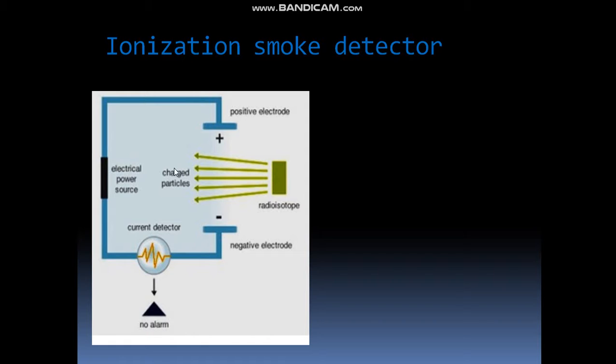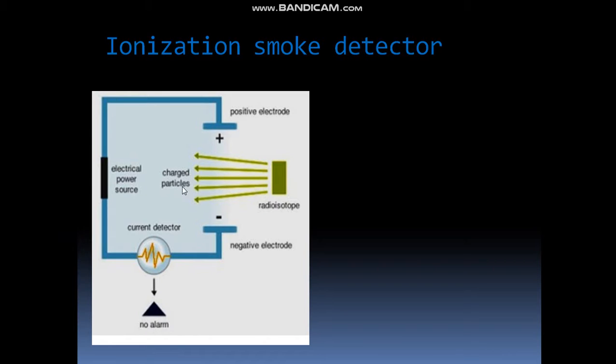Okay, clear? Once again, this chamber contains two electrodes connected to a power source which converts the charges into current, sent into a current detector connected to an alarm.